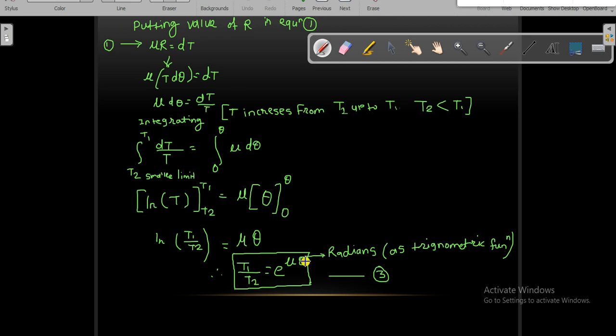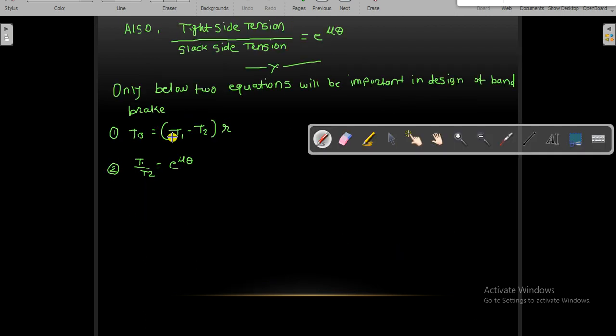Keep in mind this theta is not associated with a trigonometric function, so it will always be in radians. First equation is this, and the second equation is for braking torque, T1 minus T2 into r.